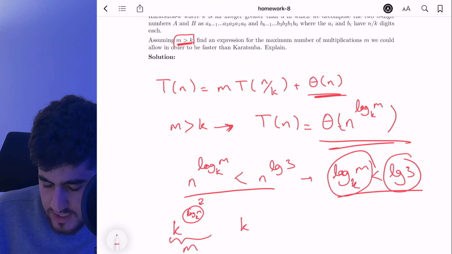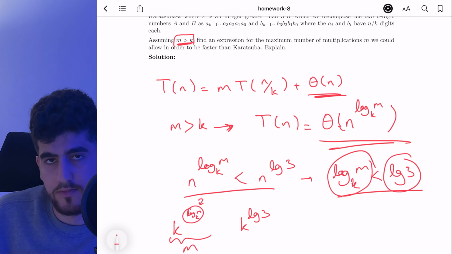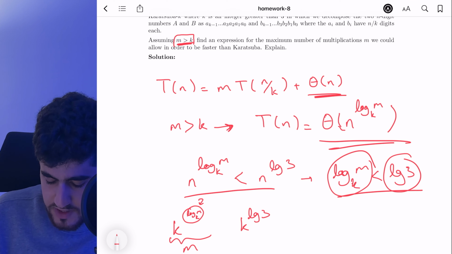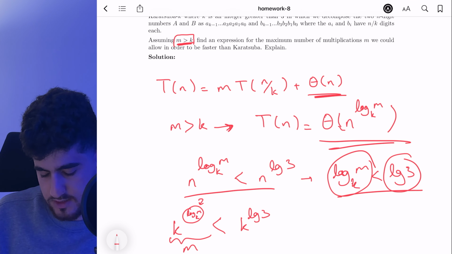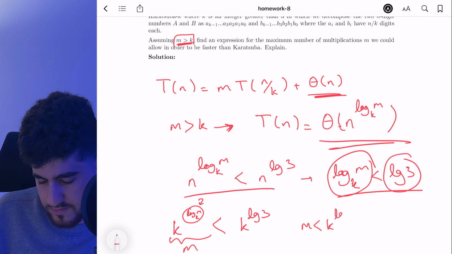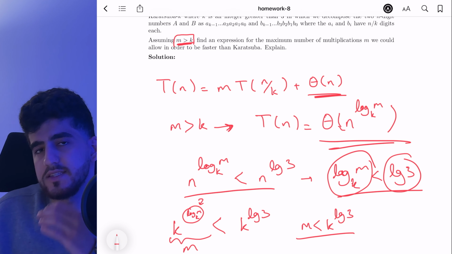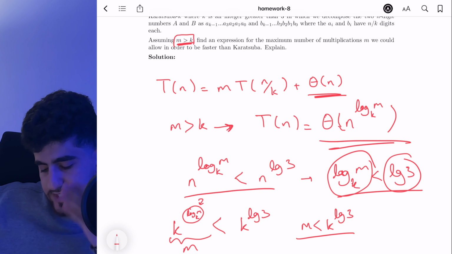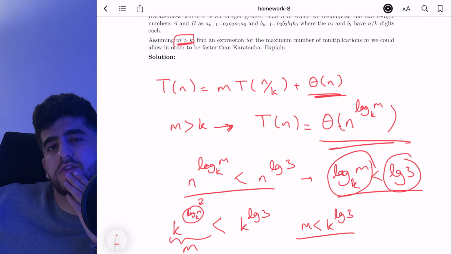And here we have k to the power of log of 3. When we compare these two, this should be less than this. So m should be less than k to the power of log of 3. m should be the greatest integer less than k to the power of log of 3.